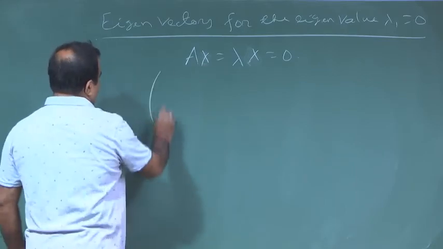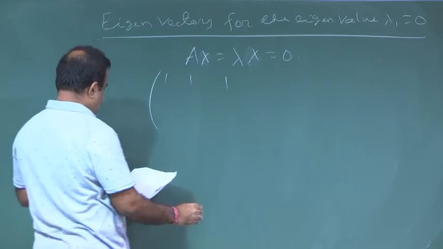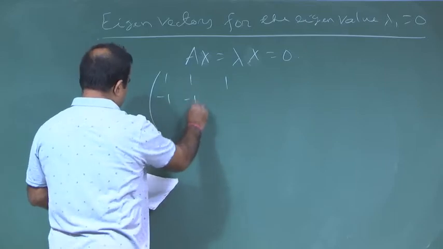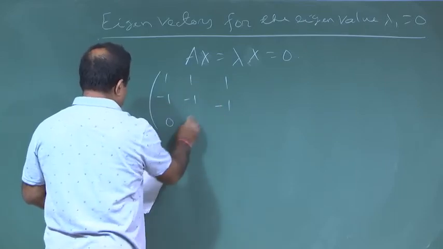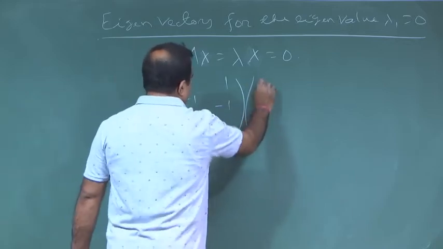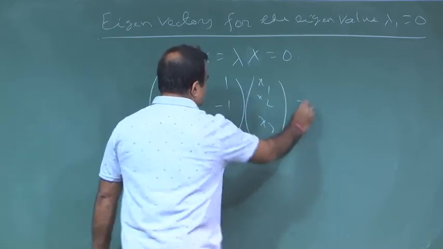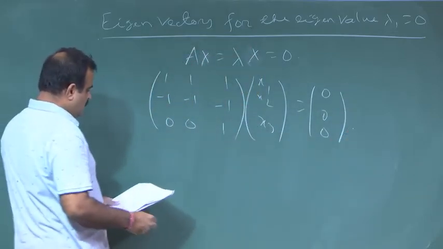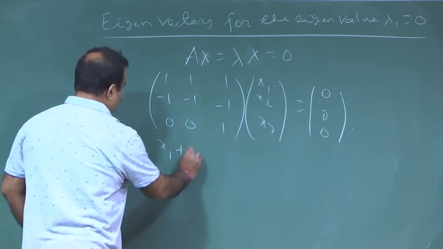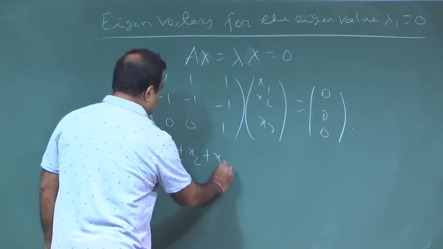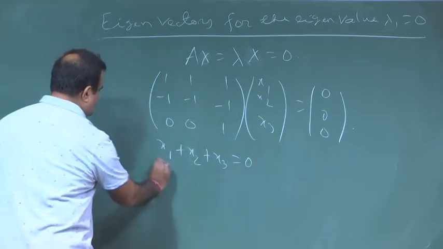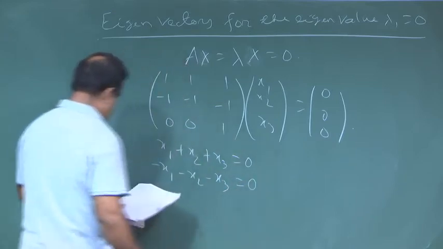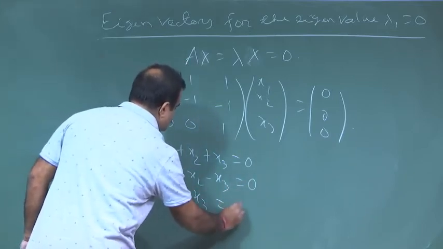What is A? A is nothing but [[1, 1, 1], [-1, 0, -1], [0, 0, 1]], multiplied by x 1, x 2, x 3, equal to the 0 vector. If you simplify this, we get the equations x 1 plus x 2 plus x 3 equal to 0, minus x 1 minus x 2 minus x 3 equal to 0, and x 3 equal to 0.